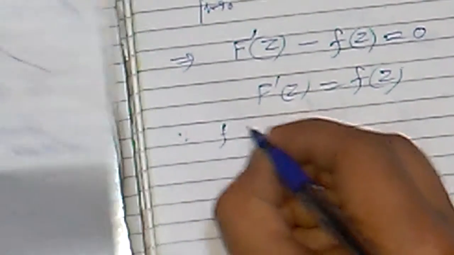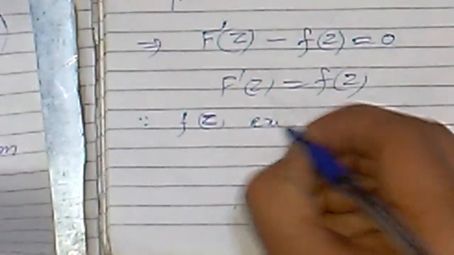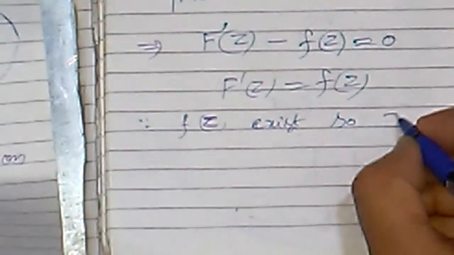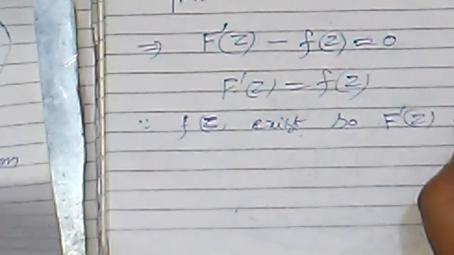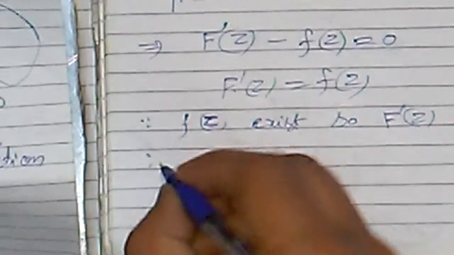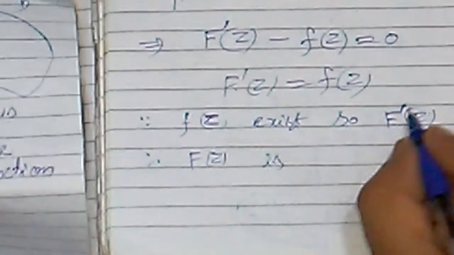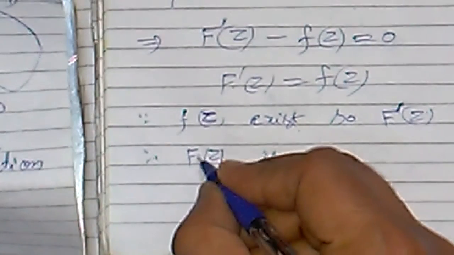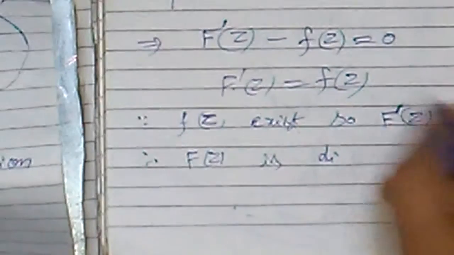Since f(z) is the given defined function, f(z) exists, so F dash z, which is equal to f(z), also exists. Therefore we can say that F dash z exists, so F(z) is differentiable, because the derivative exists.